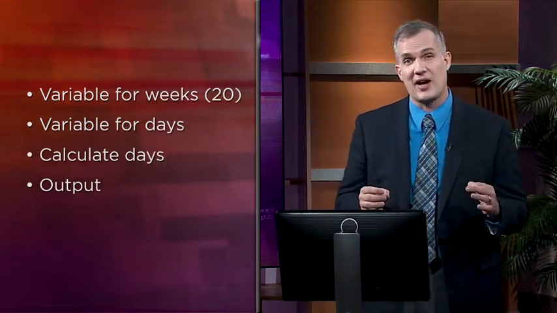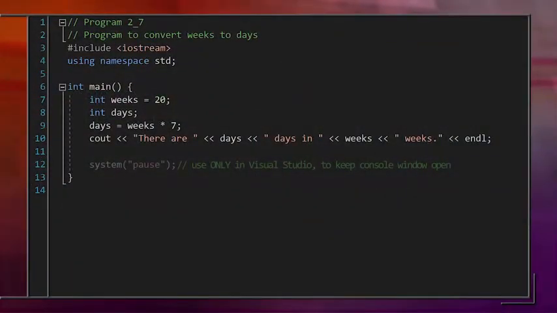Here's what that code might look like. First, we have our standard lines. A comment that tells us what the program is for, #include iostream, using namespace std to get us access to the commands we need, int main with parentheses to designate where to start the code, and the first half of curly braces to open up the block of code that we want to execute.